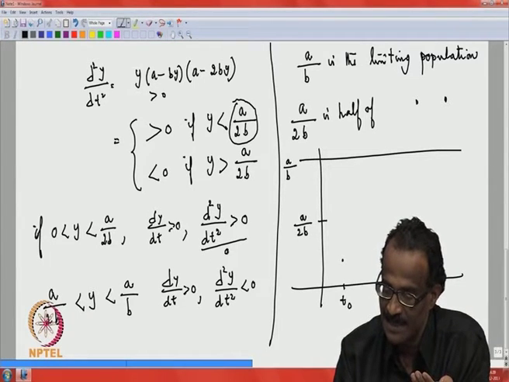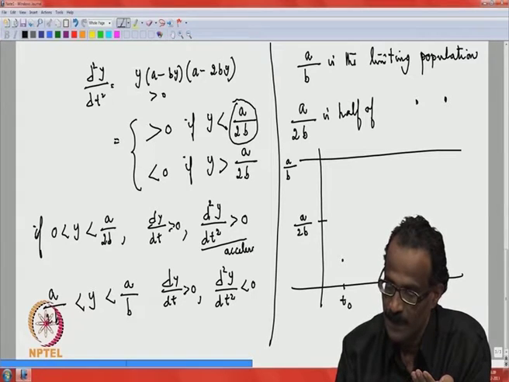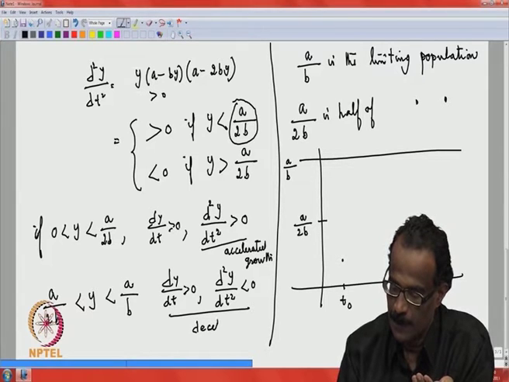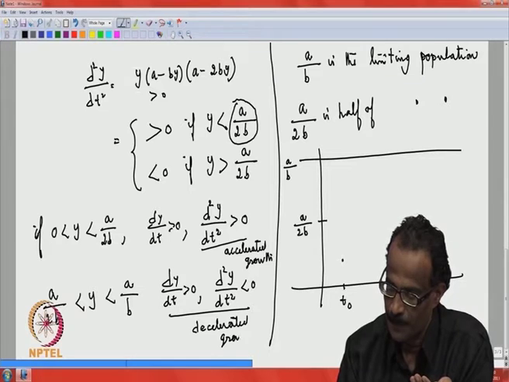So, this is an accelerated growth, and here this case is a decelerated growth, you see.